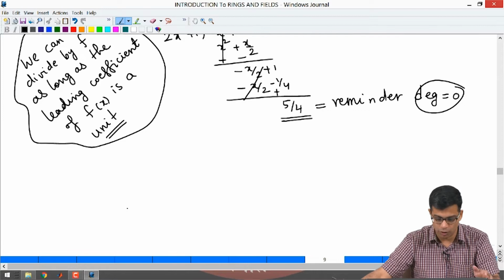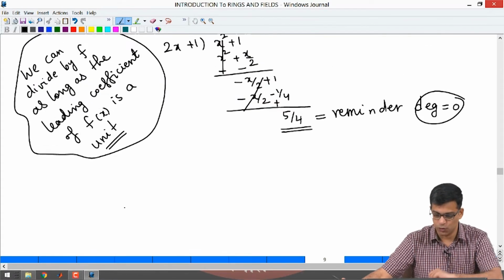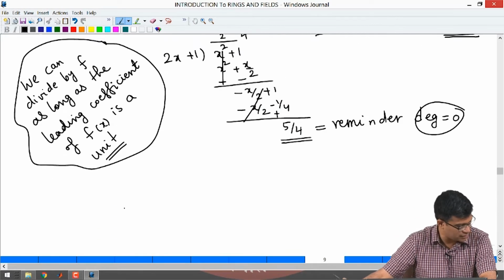And I want to write one more important property that is useful to keep in mind, and this example illustrates this.